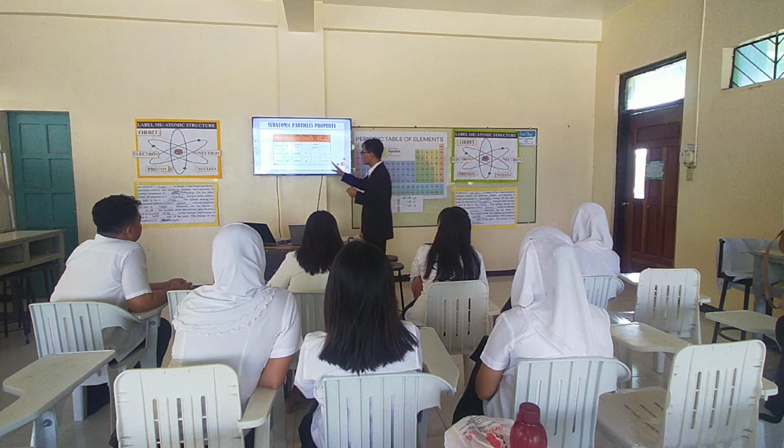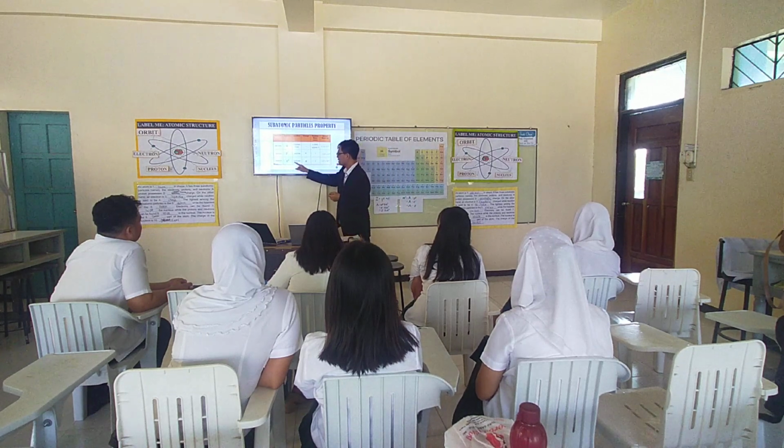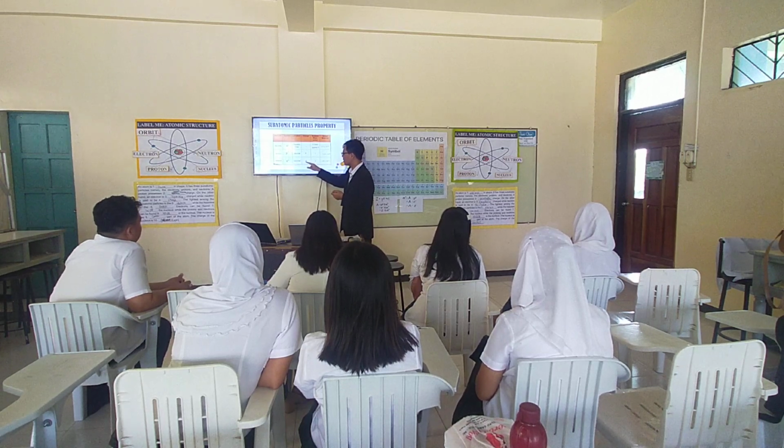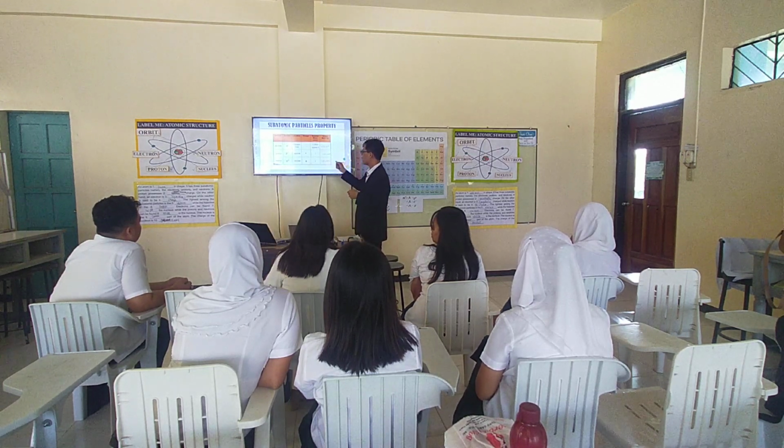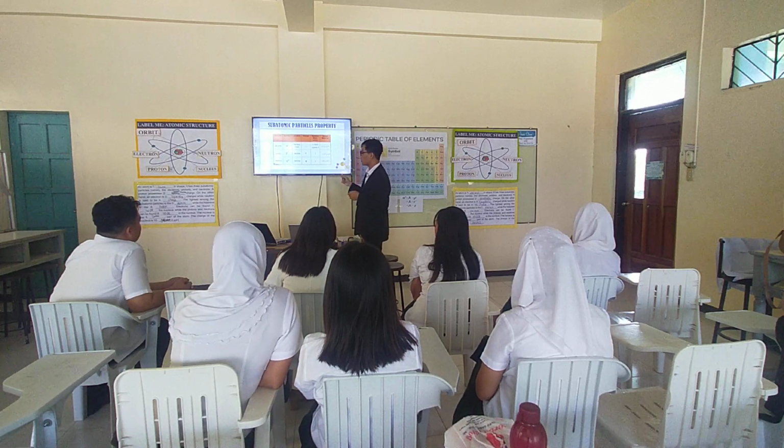Same also with the neutron. The neutron has the atomic symbol of n with a superscript 0, and it is always situated at the nucleus together with our proton. It has no charge, and it has a relative mass of 1 and an actual mass the same as the proton.